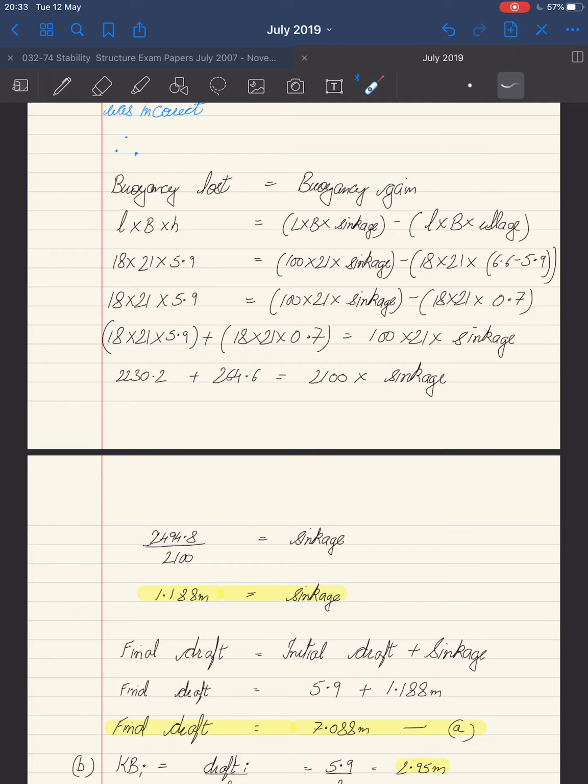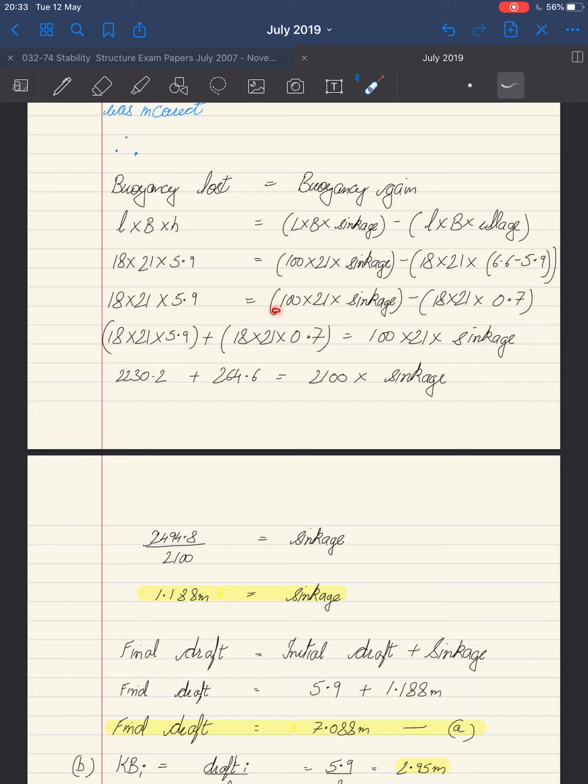Now we'll take this equation on the left hand side. When it goes on the left hand side of the equation, since this was subtraction here, it will go and add on the left hand side of the equation. So this bit is carried forward again, which is 18 multiplied by 21 multiplied by 5.9, plus this entire part which has come back here, which is 18 times 21 times 0.7.